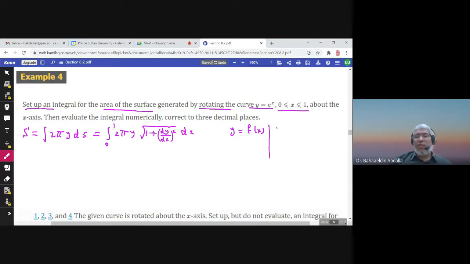So y prime is e to the x. Good. Now 2 pi. Now y, I cannot leave it as y. I have to write it as f of x in this case, because the integral is with respect to x. So y equals e to the x. And I have square root of 1 plus y prime square, e to the x to the power 2 is just e to the power 2x dx. And this is the integral.